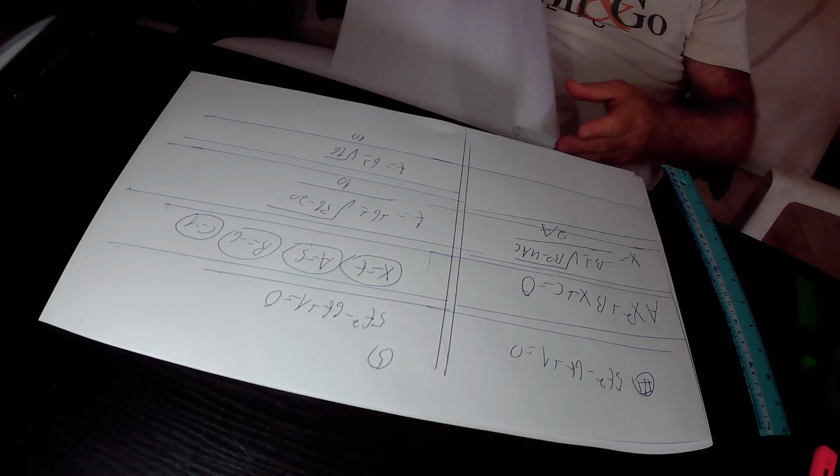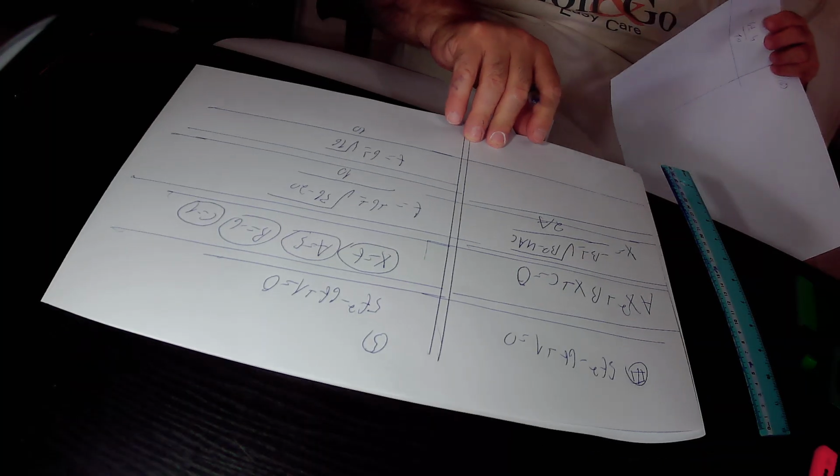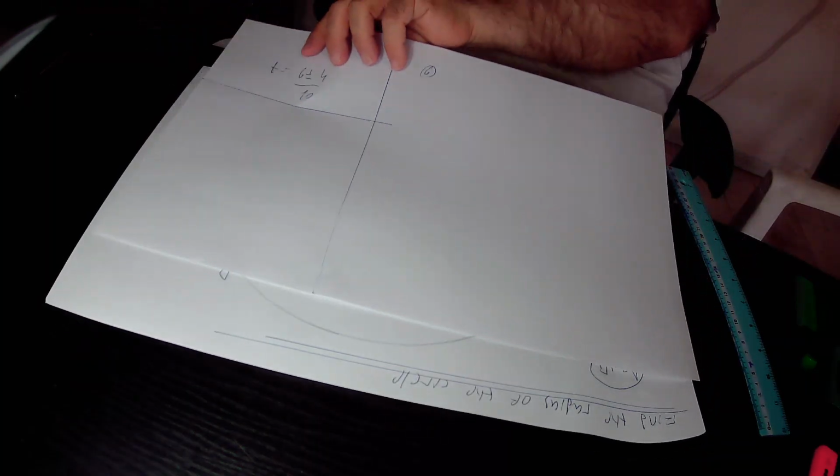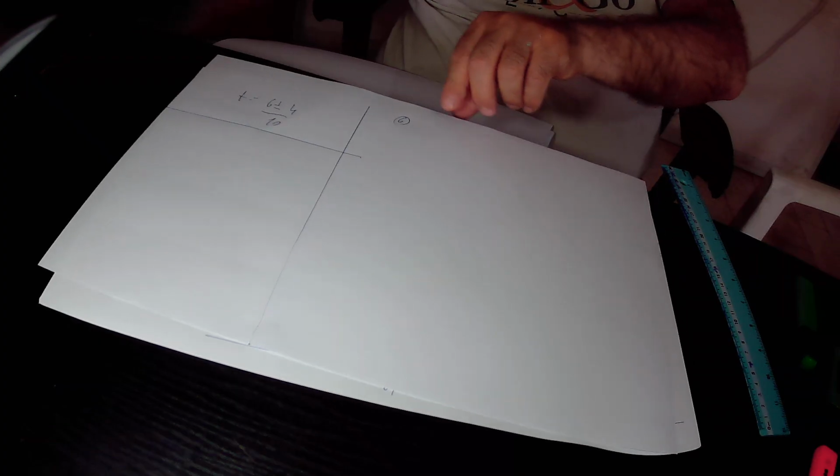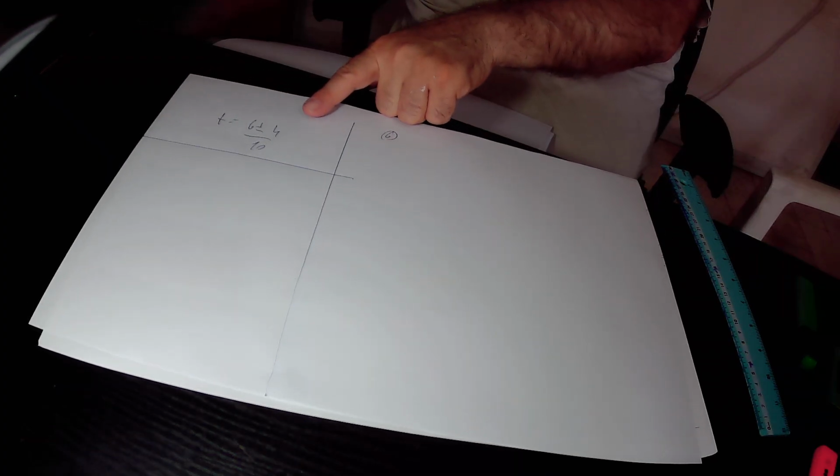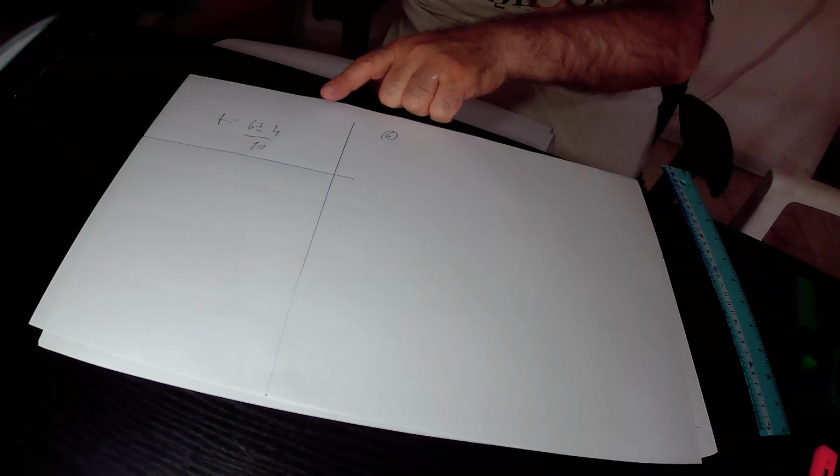Repeat again: we actually found out that t equals 6 plus minus 4, divided by 10.